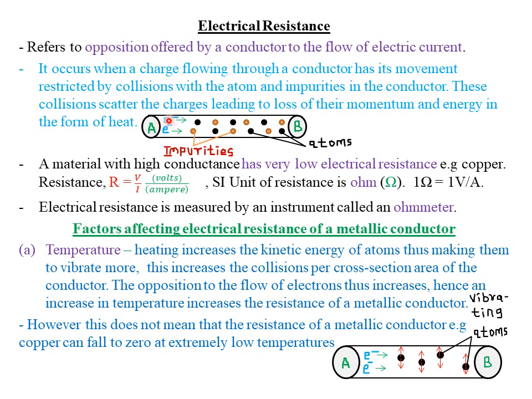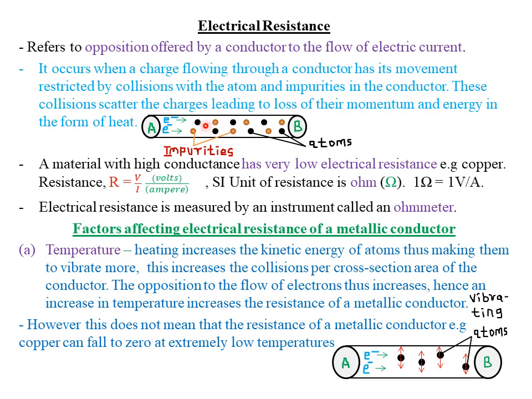So when we talk of the charges flowing from one point to another, we are simply talking of electrons carrying the charge from maybe point A up to point B. Consider this particular conductor. We have two electrons which we want to carry our charge from point A up to point B. Within this conductor, we have the impurities and also the atoms.